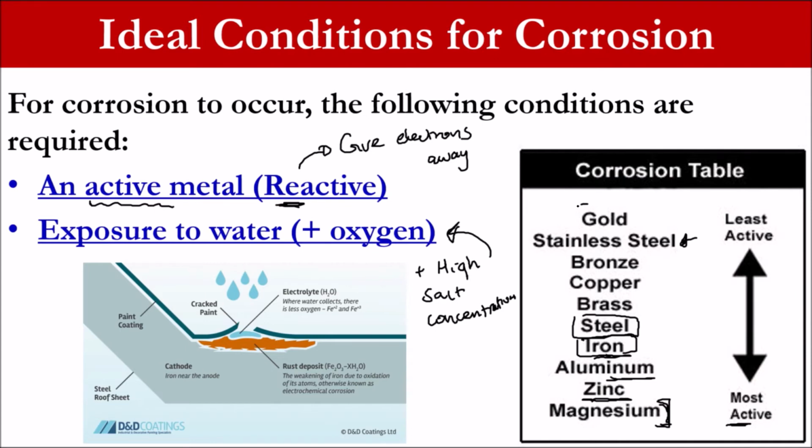Now gold, you can see, is one of the least active metals in the world, which is also why it's quite highly sought after, besides the fact of its color and its shininess. But because it doesn't corrode easily, you can make jewelry out of it, you can make currency out of it. That's kind of why gold is a really lucrative thing throughout human history.